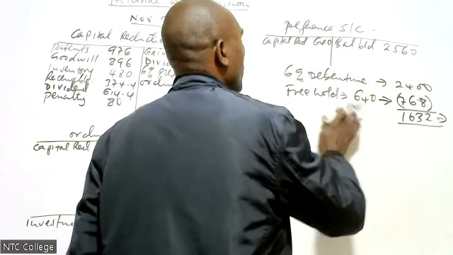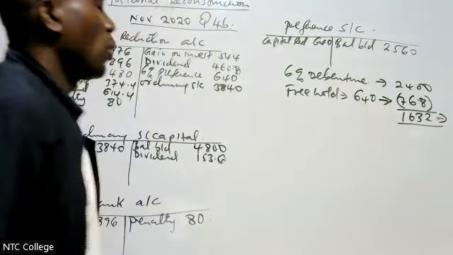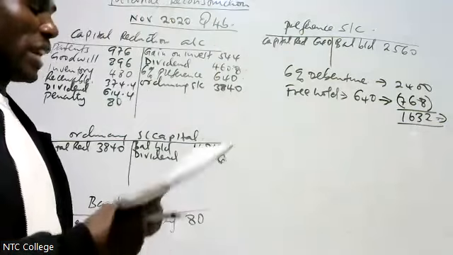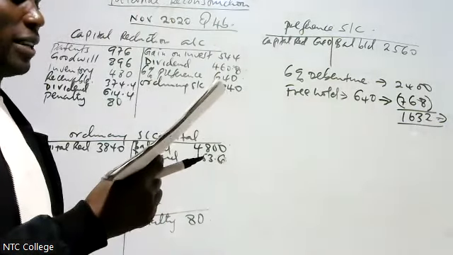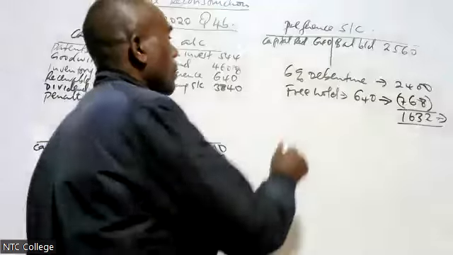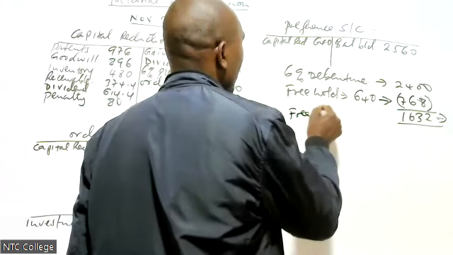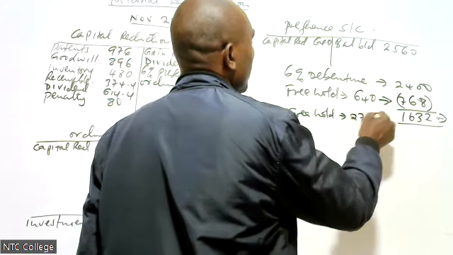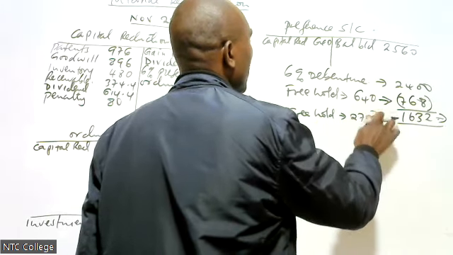Now, on our freehold, in note number 1, the examiner said the freehold was 2720.